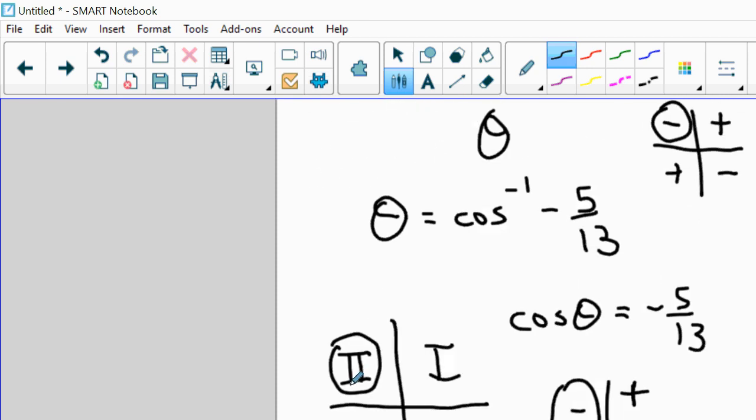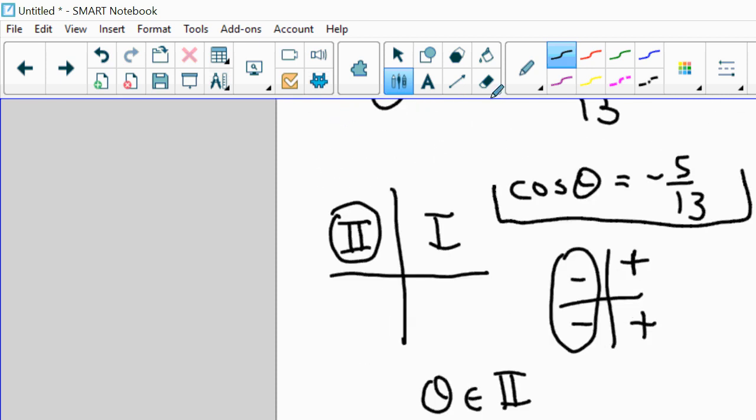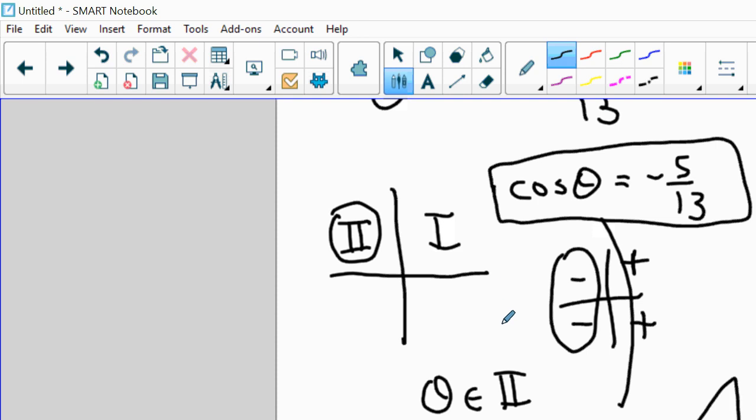Now, instead of working with the angle, let's work with the reference angle instead. So let's forget about the negative sign. We know cosine is adjacent over hypotenuse, 5/13, therefore the opposite is 12.